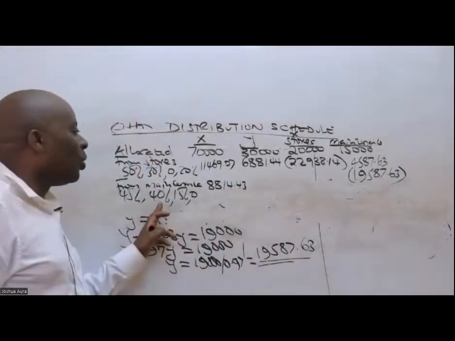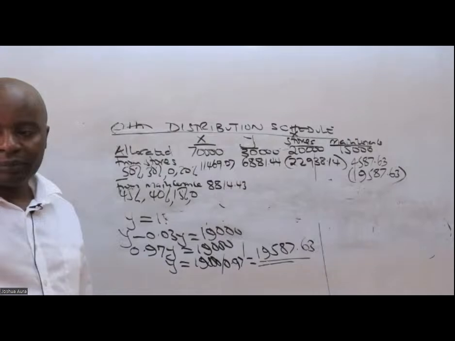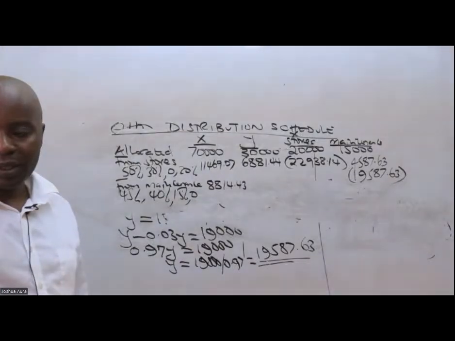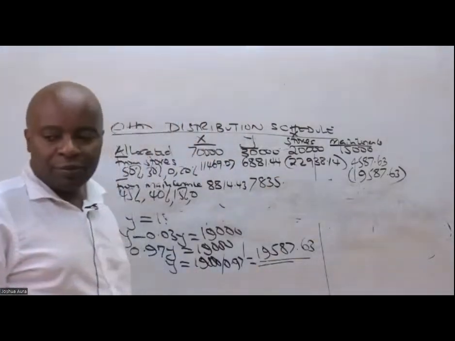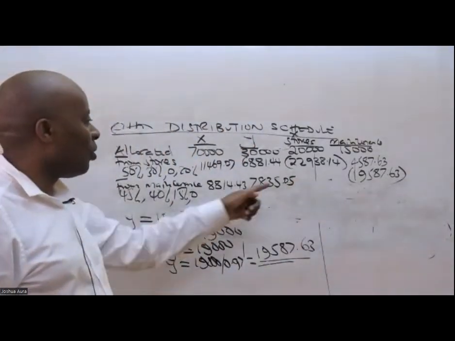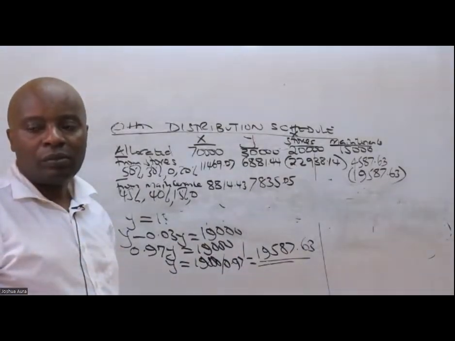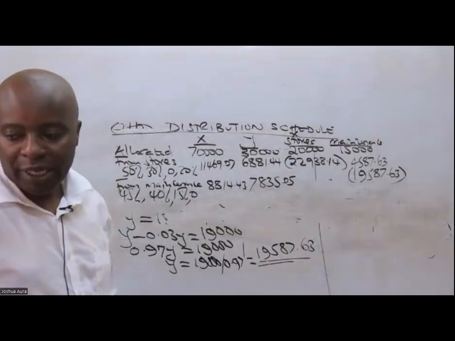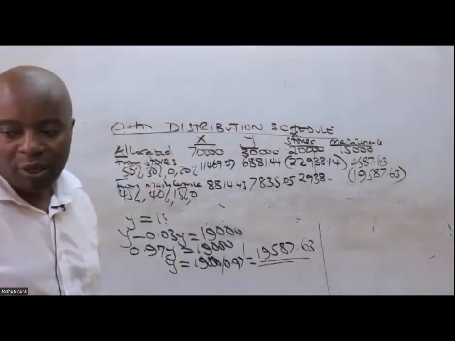How about 40% of that figure? 7,835.05. And lastly, 15% of that figure: 2,938.14.